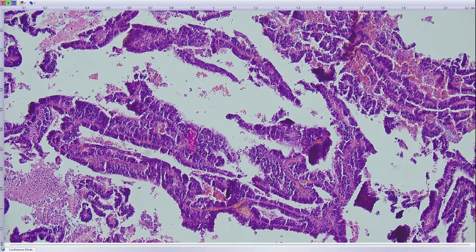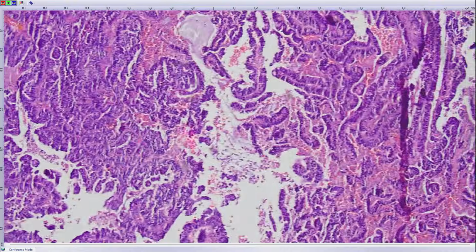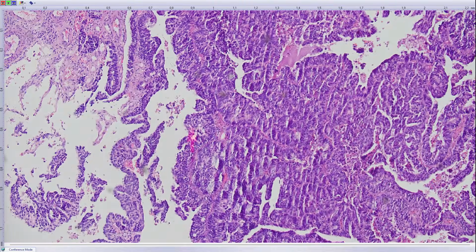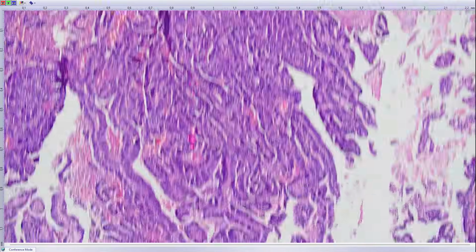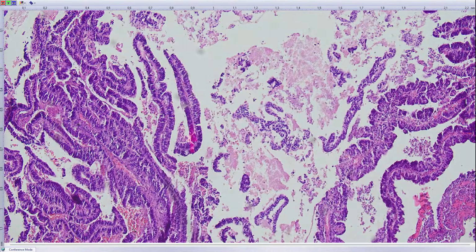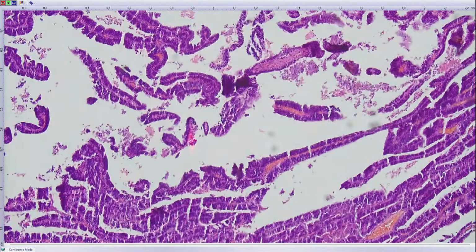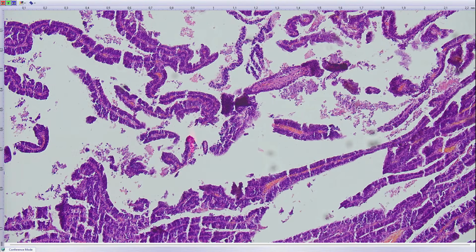And the morphology of this tumor is indistinguishable from endometrial serous carcinoma. But in the cervix, it's a different etiology of the tumor. In the cervix, these serous-like carcinomas are HPV driven, so this case was HPV 16 positive. And these lesions in the cervix have much better prognosis than endometrial serous carcinoma, which are HPV negative.